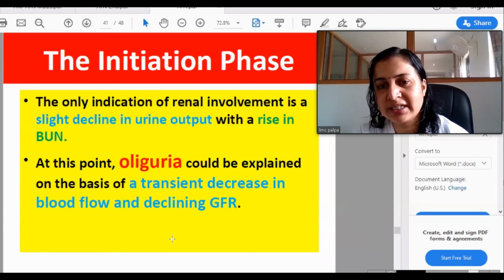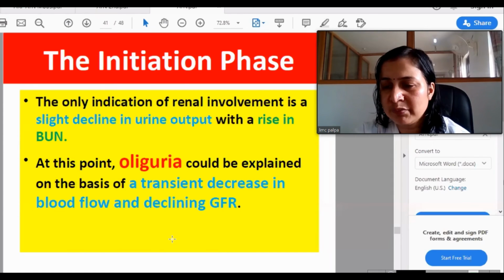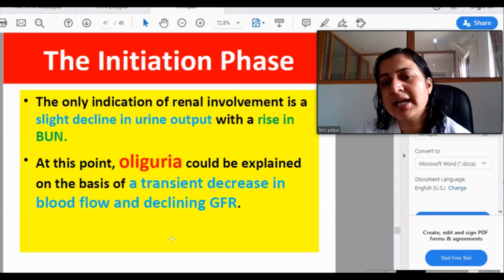We catheterize the bladder and measure, and even if the bladder is not catheterized, in the post-operative ward we measure in the measuring jar or jug, whatever measuring scale is there, how many ml of urinary output has come.